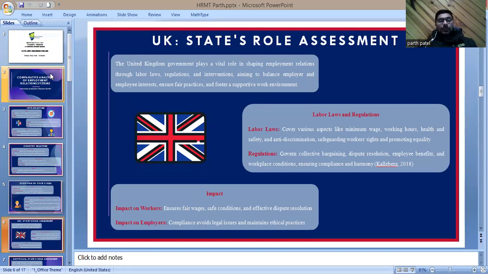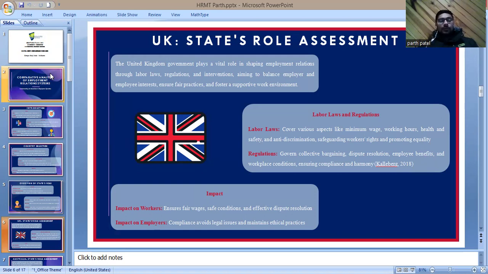The regulations. UK law defines, amongst other things, what labor organizations are, to end conflict over work and wages, and all these things are involved in the regulations. And there are some impacts on workers and on employers.